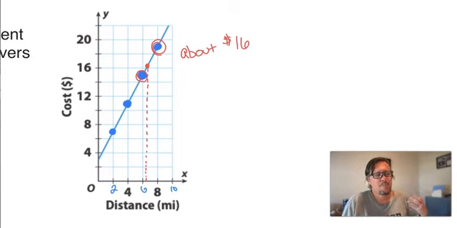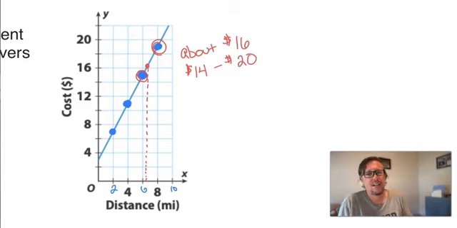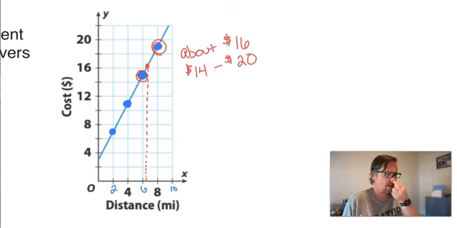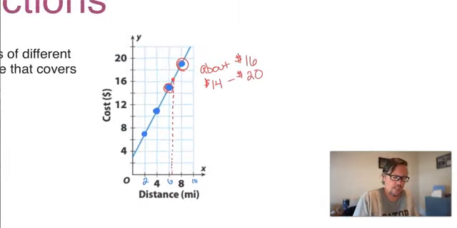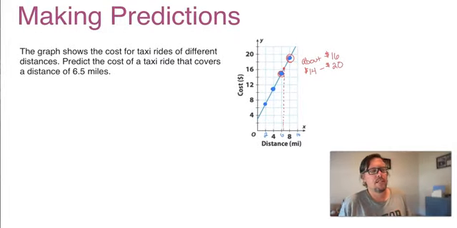So my answer is probably going to be between $14 and $20. So if I get an answer that's below $14 or above $20, I know I've messed up somewhere. Okay, so before I even start doing math, I know if it's below 14 or above 20, I've made a math error and my answer should be around $16. So if I get something that's not in that range, I know I've messed up.